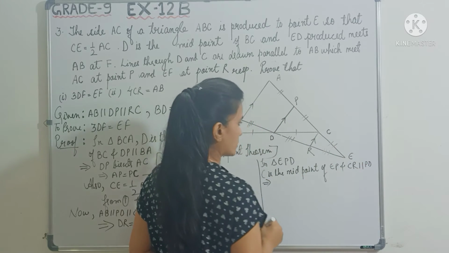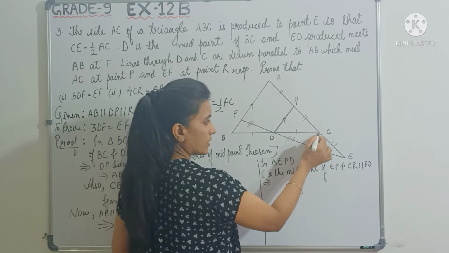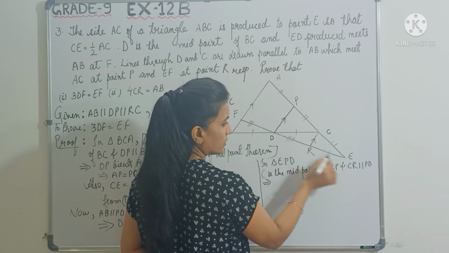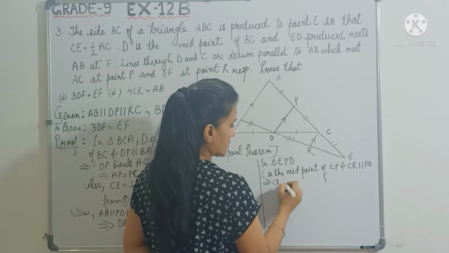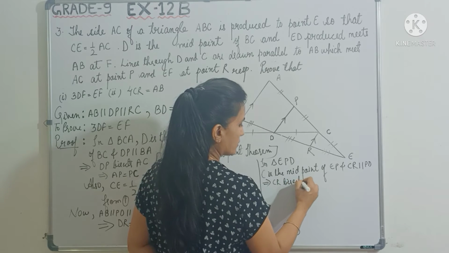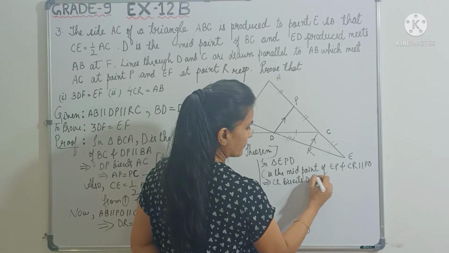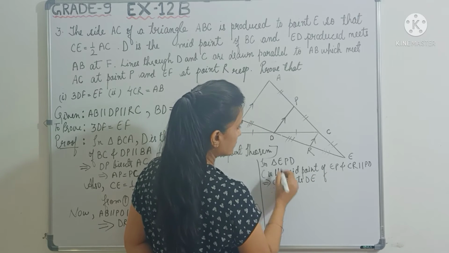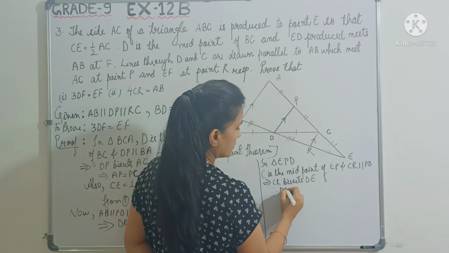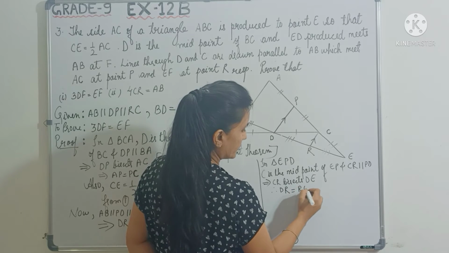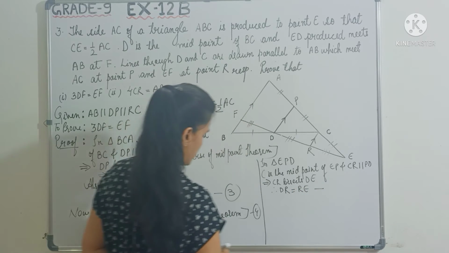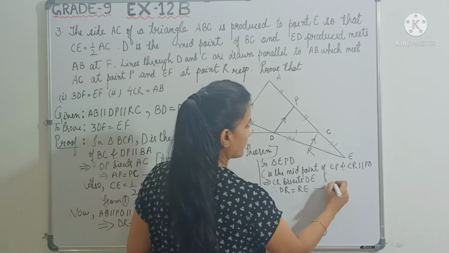This implies what? This implies CR will bisect DE. Therefore, DR will be equal to RE. This was 4, so let's name it 5.